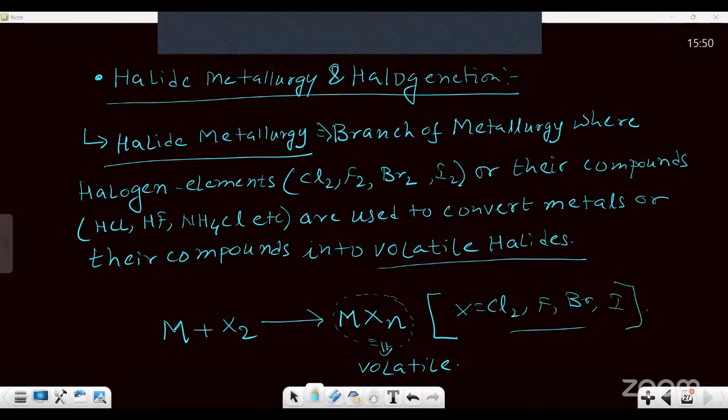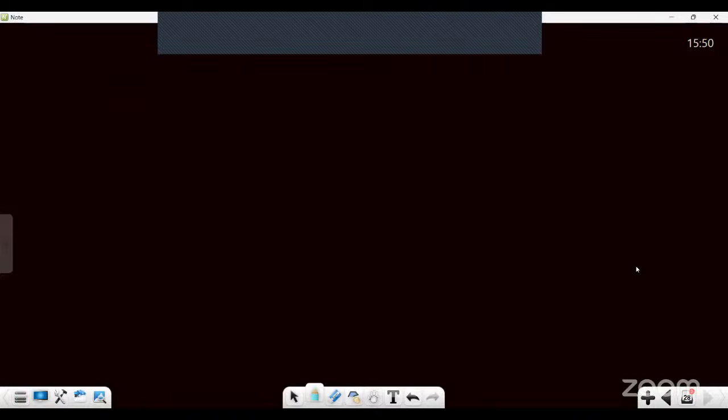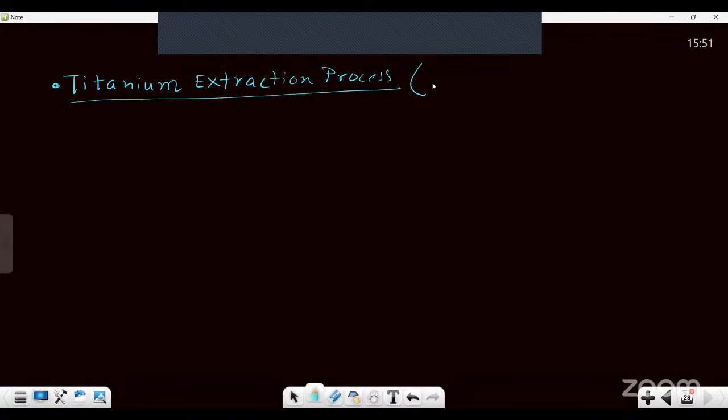Now let us take an example and see: the titanium extraction process. Very important, so please note it down. This is also called the Kroll process.